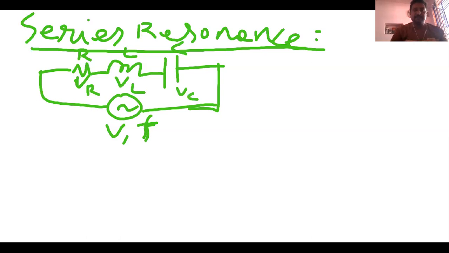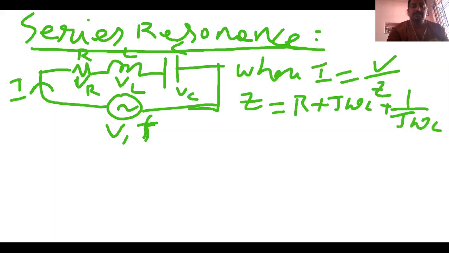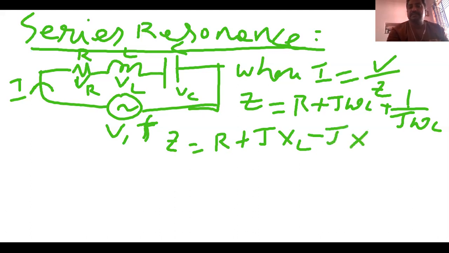Now we know that the current is I, where I is equal to V by Z. Z is the impedance of the electrical circuit containing the components R plus j omega L plus 1 by j omega C. So Z is equal to R plus j omega L, which is nothing but XL, and minus, because 1 by j is nothing but minus j, and 1 by omega C is nothing but XC.